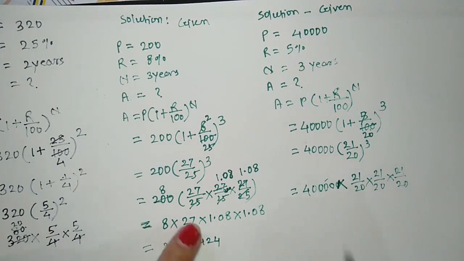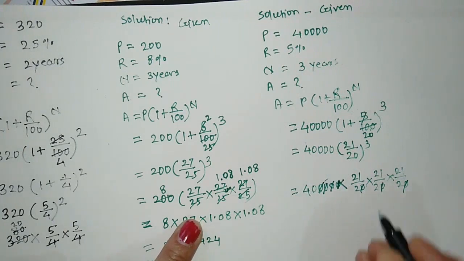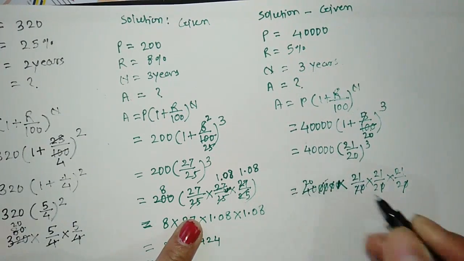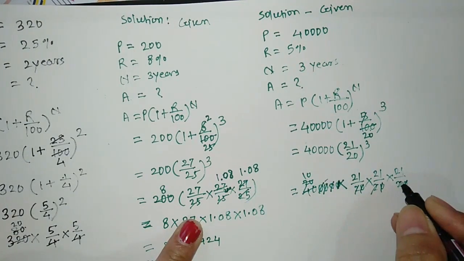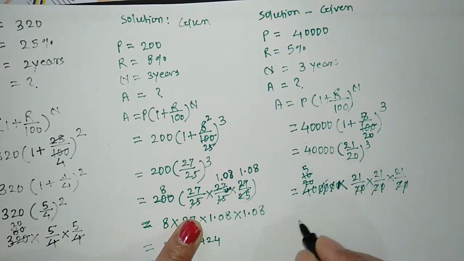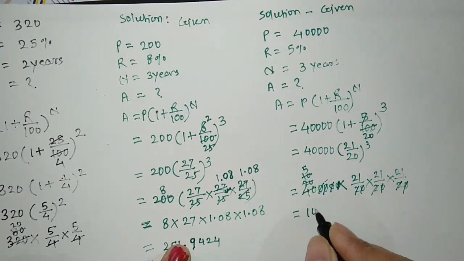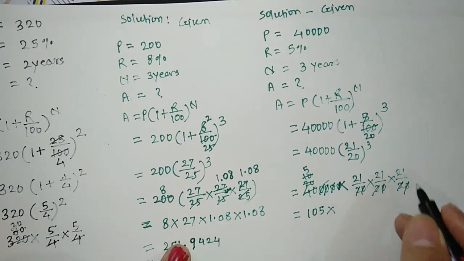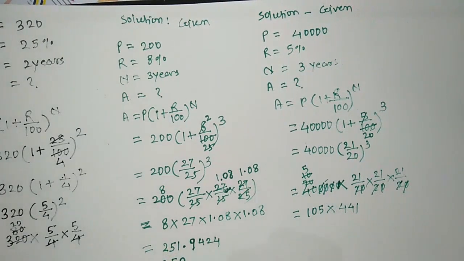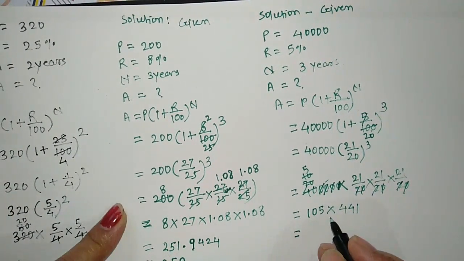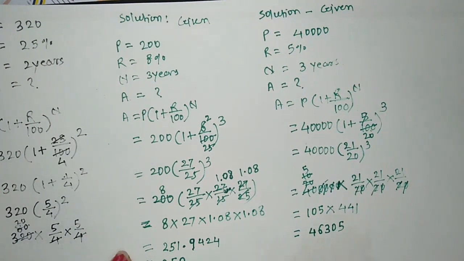Correct? So 3 zeros are cancelled here. 2 20s are 40. 2 10s are 20 and these 2 again cancel here. 2 5s are 10. So 21 5s are 105 multiplied by 21 square is 441. Take the multiplication here. So it is 46,305.